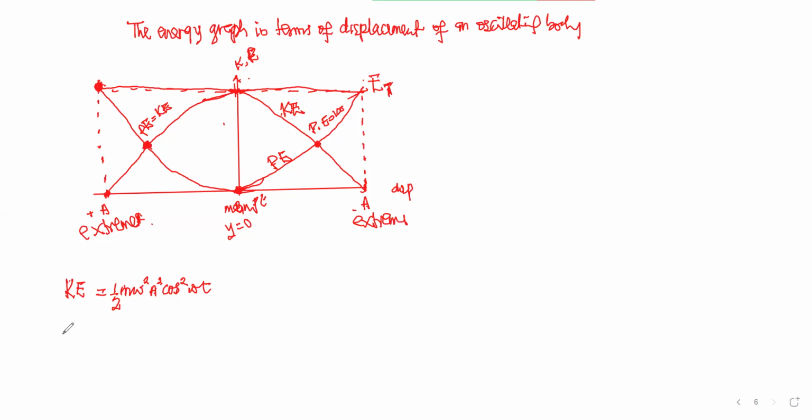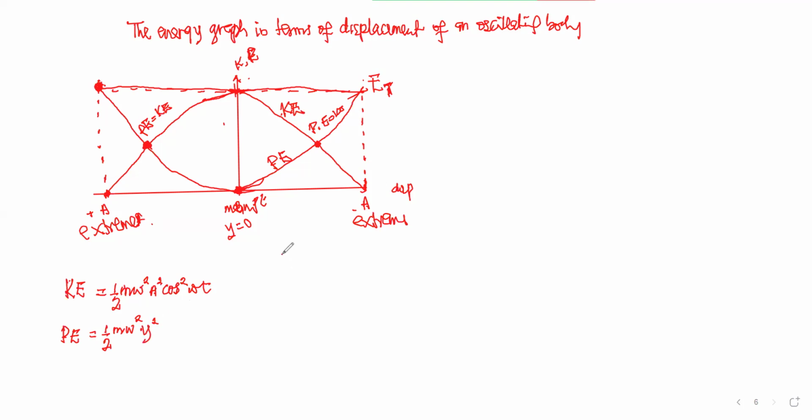And PE, we had half m omega squared y squared.